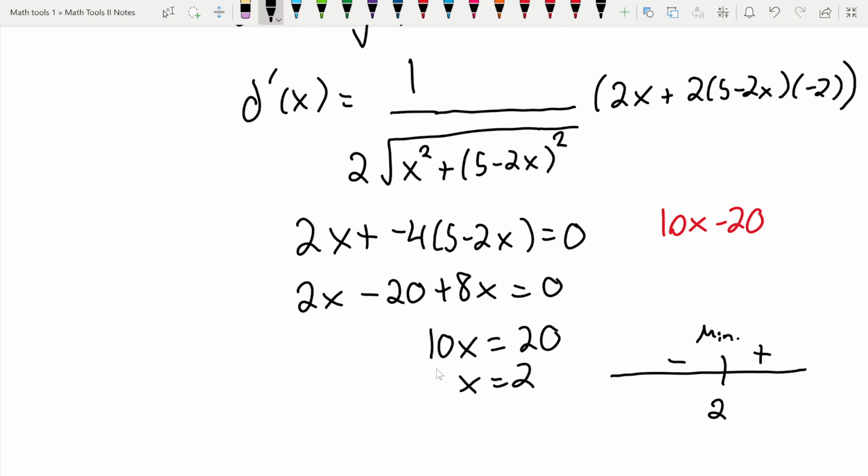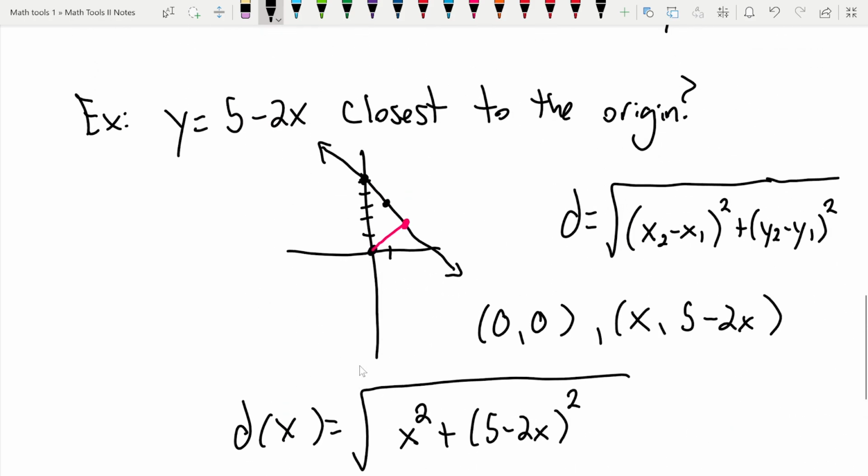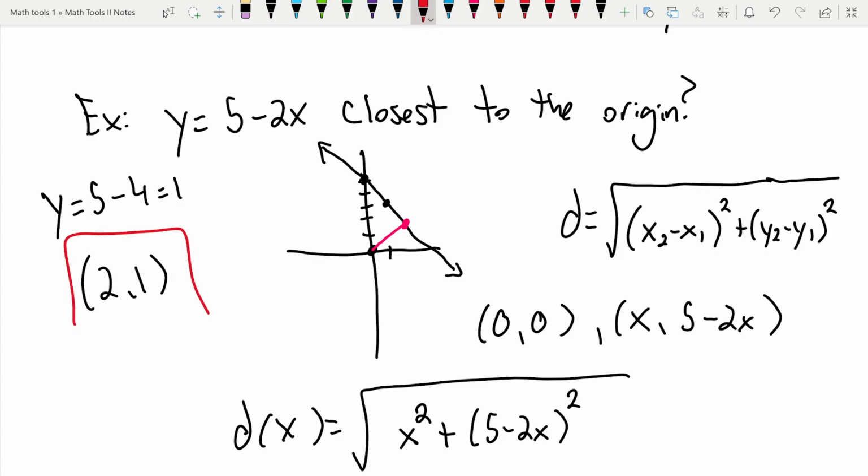Okay. So x equals 2 is the closest point to the origin. And of course, that's not a point. That's the x value for the point. So y equals 5 minus 2 times 2, which is 1. So 2, 1 is the closest point. And that looks to be about where it is based on our drawing, right?